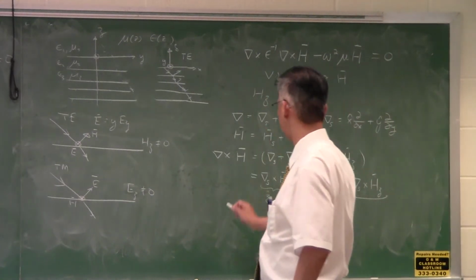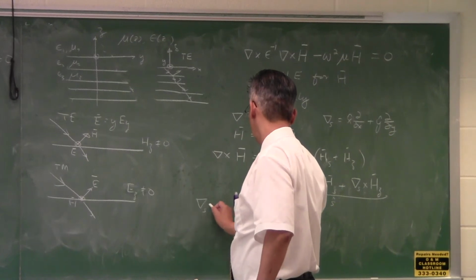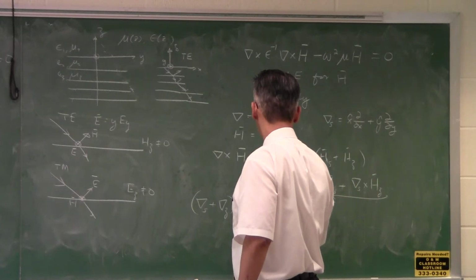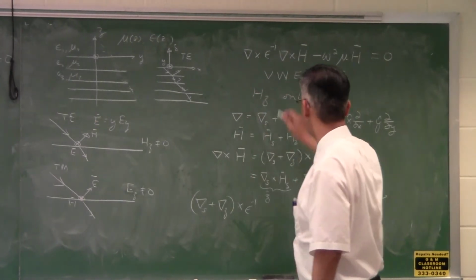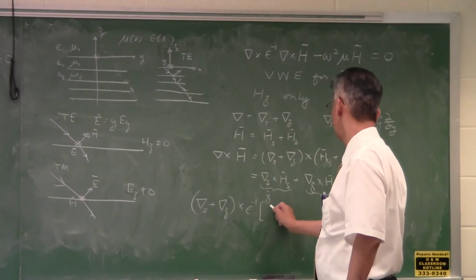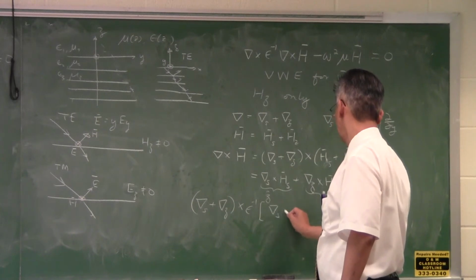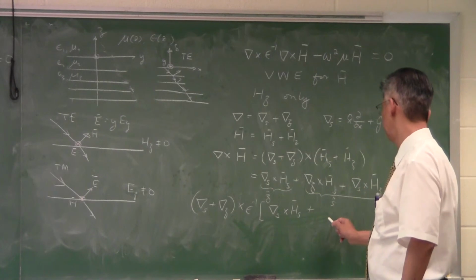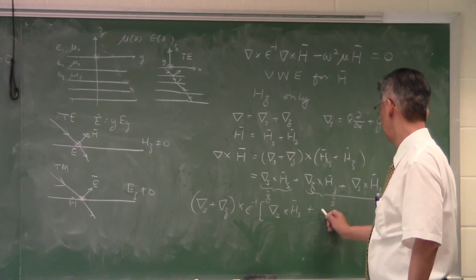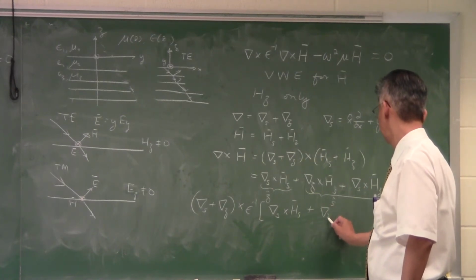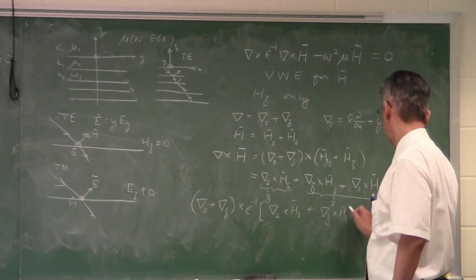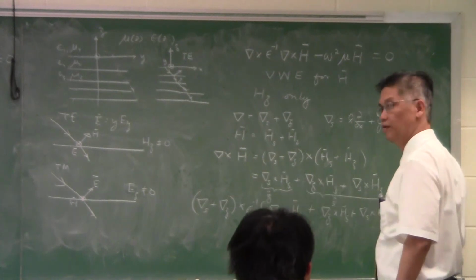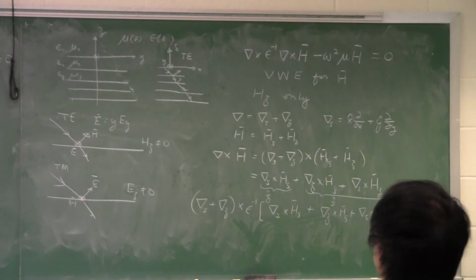So if we do the next step over, which is to break this into this one over here, I would have plus this cross Ht plus del_t cross Hz. Okay, plus this one.